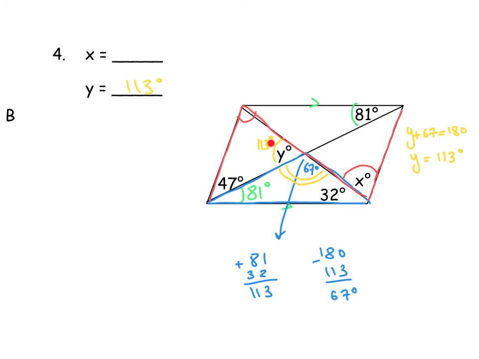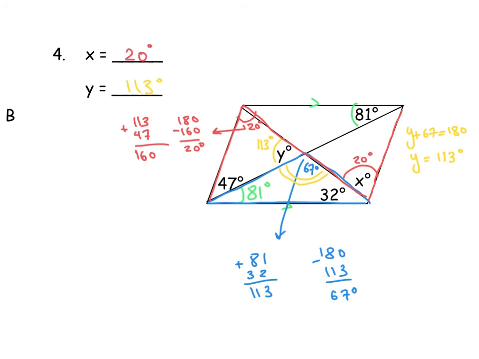I know that this is 113. So to find this angle, I can add 113 plus 47, and that's 160. And I can subtract that from 180, and I can get 20. So this is 20 degrees. So that means that x is 20 degrees.